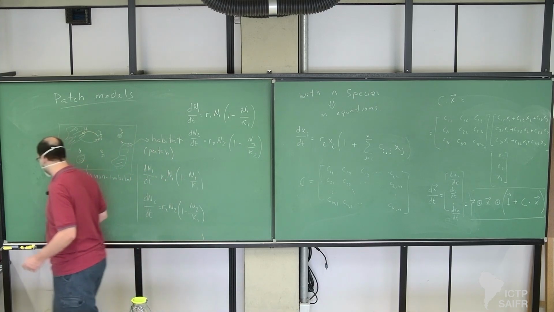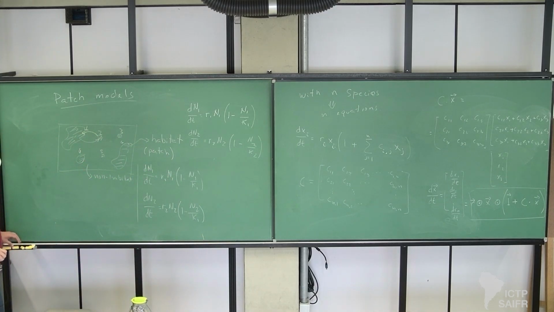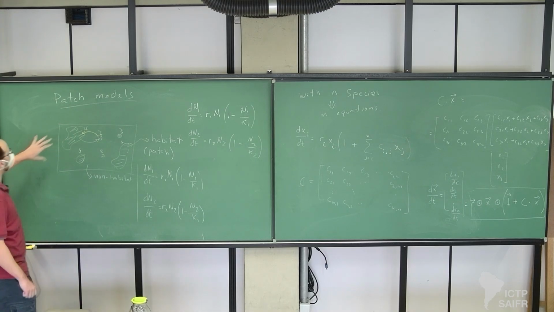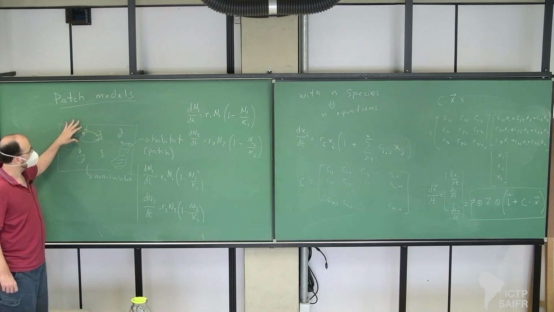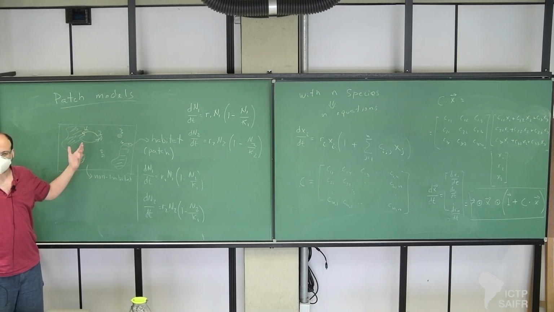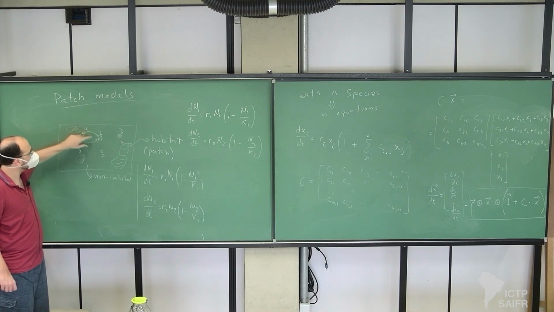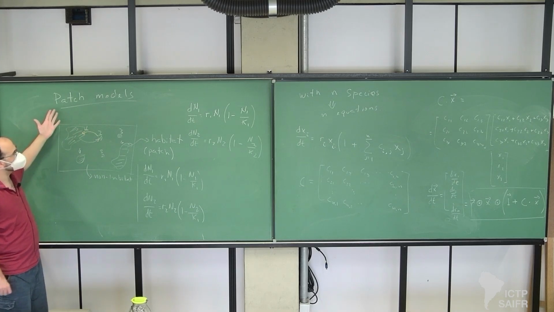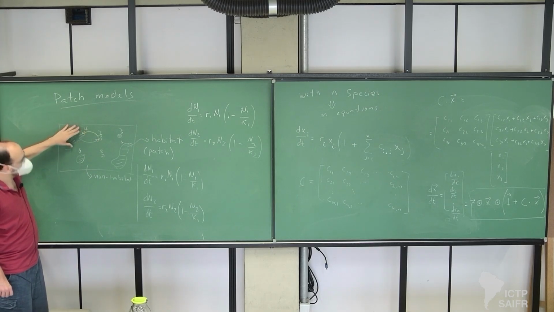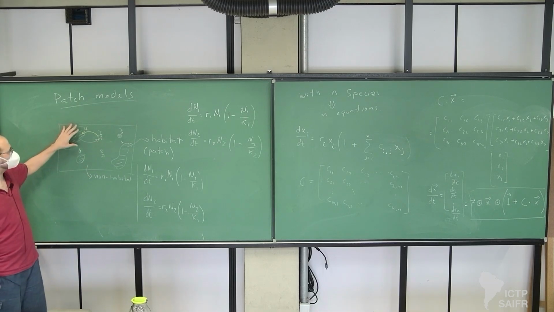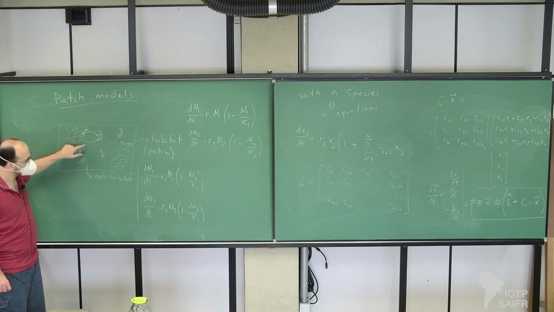Okay, so with this now I'm going to assume something very simple, that each individual in this patch here has a chance of migration, and in particular of migrating from 1 to 2, okay? So if I have more individuals here in patch 1, more individuals will migrate, right? If I double the number of individuals, I double the number of migrants from 1 to 2.